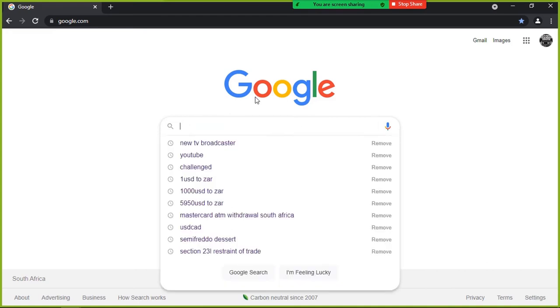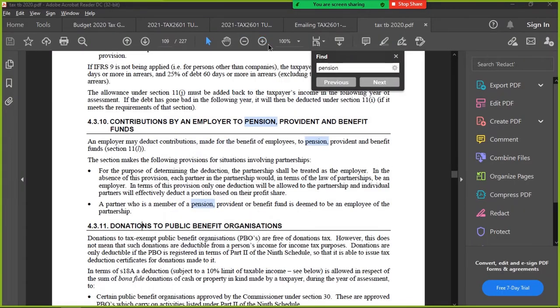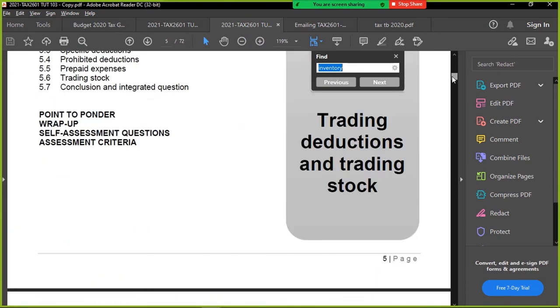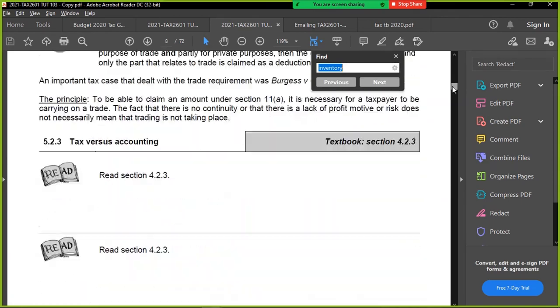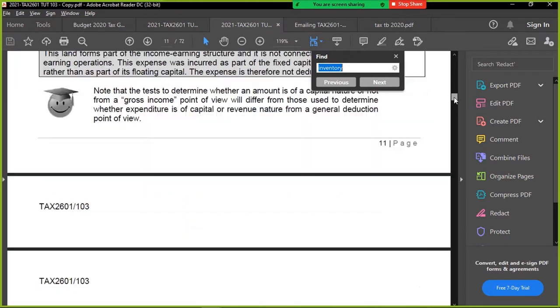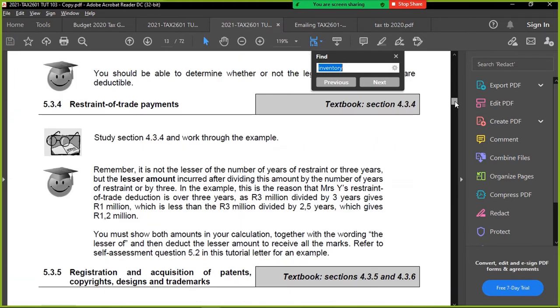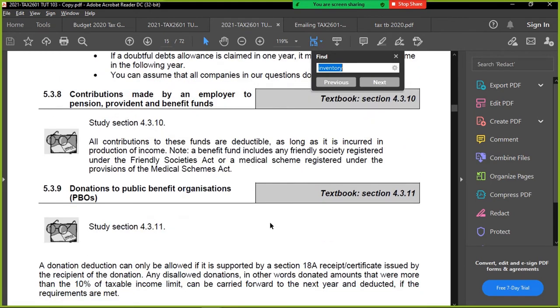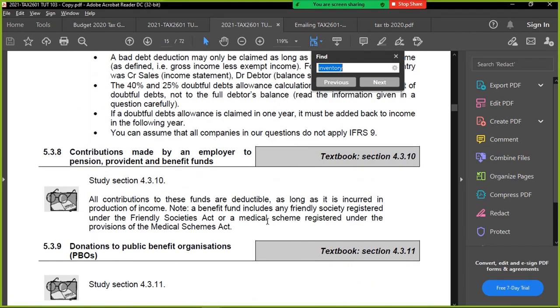Actually, while we're Googling it, you have a UNISA textbook. Okay, what section is this? This is section 4, I think. Deductions. I think 5. Yeah, 5. Okay, there's legal, restraint of trade, bad debts, contribution. No, it's actually 4. Textbook, chapter 4. Oh, is this chapter 5 though? Unit 5.